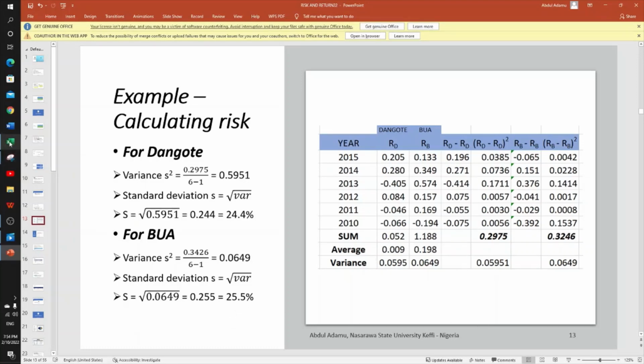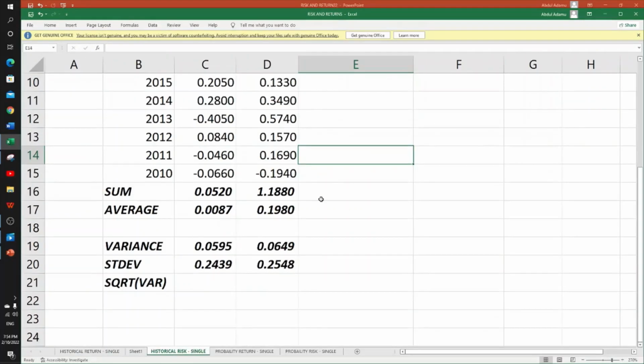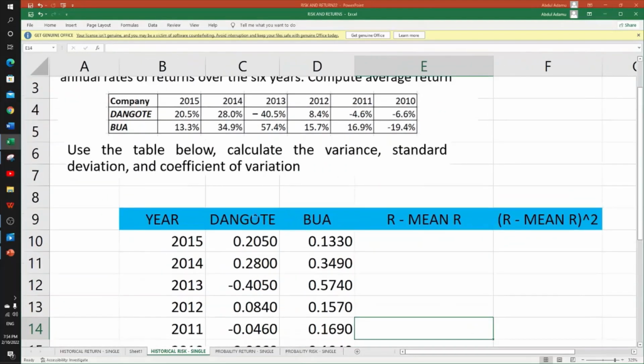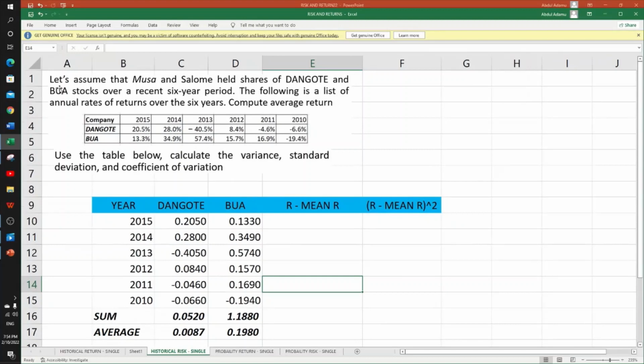We can go to our Excel to show you how to do this using the variance and standard deviation function. So, historical risk, single. If we come here, we can see clearly that this is our question earlier. Let's assume that this will calculate the variance and standard deviation.